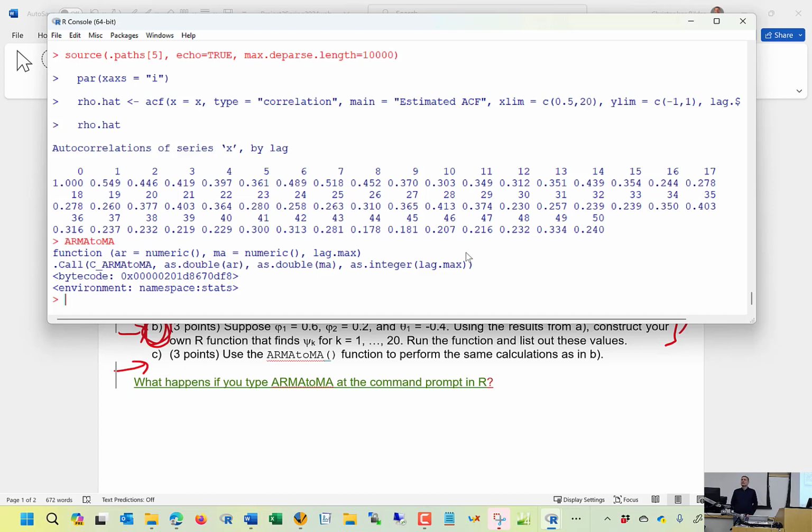Does anyone know? I have a function called .call. Even if you take in Stat 850, I bet you would not talk about this. But it's something good to discuss here, and just for your understanding of how to use R. Does anyone know what .call does?